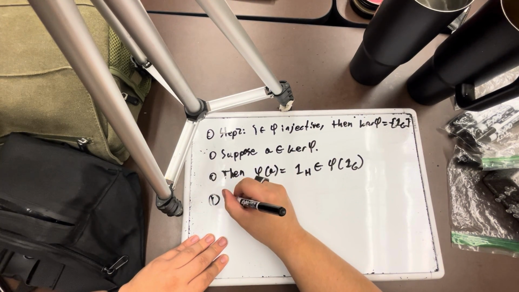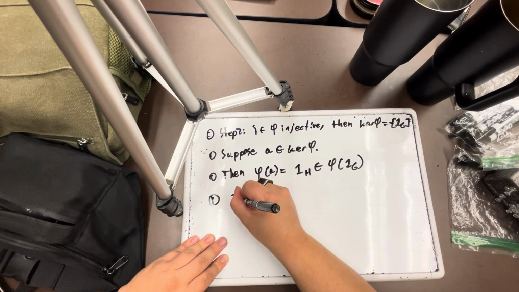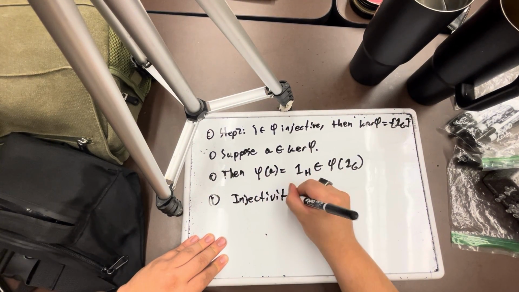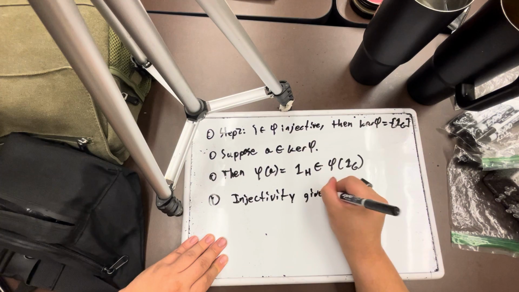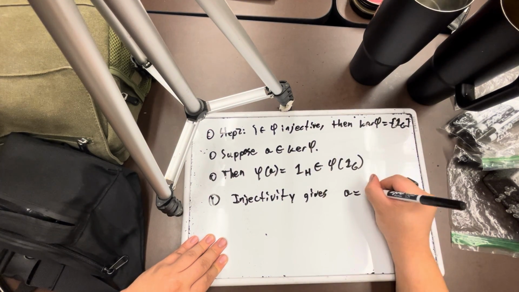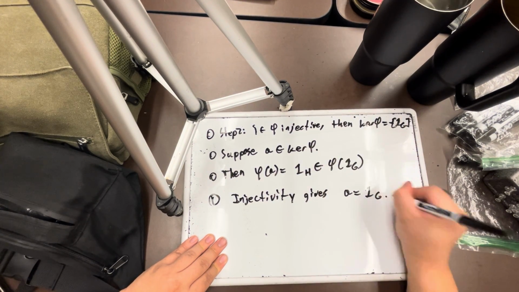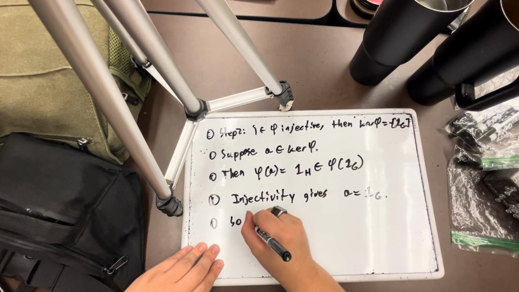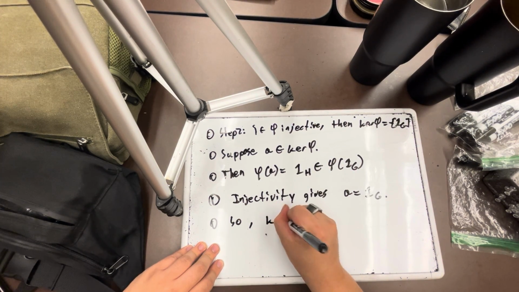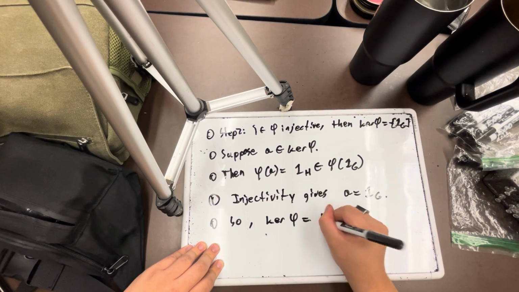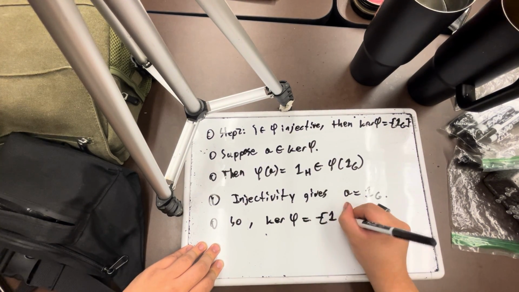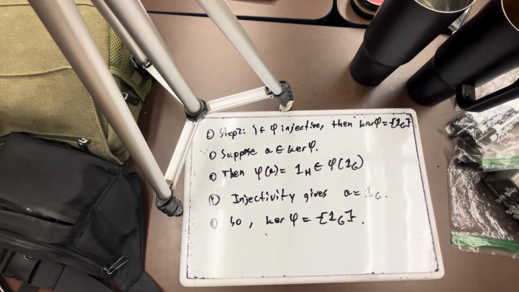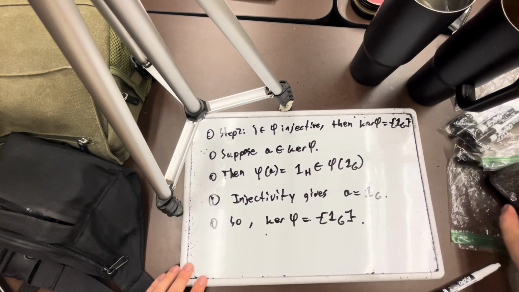Okay, so injectivity gives a is equal to 1 sub G, the identity of G. So the kernel of phi is equal to the set containing the identity of G. All right, now we want to go the other way, right?